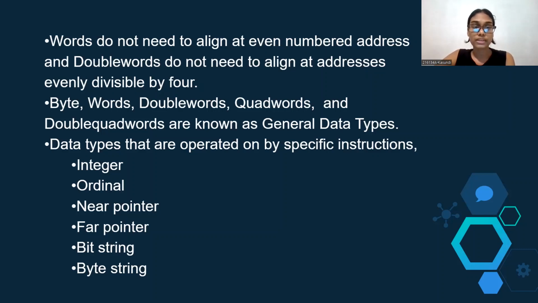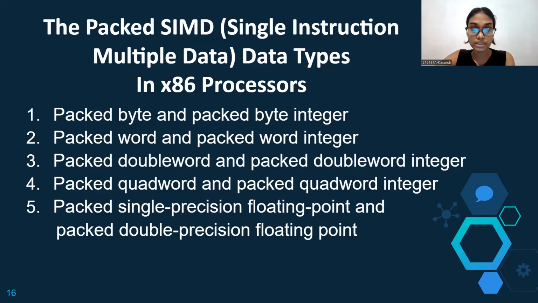As a part of the extensions of the instruction set to optimize the performance of multimedia applications, the packed SIMD data types, the packed single instruction multiple data types, were introduced to the x86 architecture. The fundamental concept here is that numerous operands are put into one single referenced memory item, and these operands are processed simultaneously.